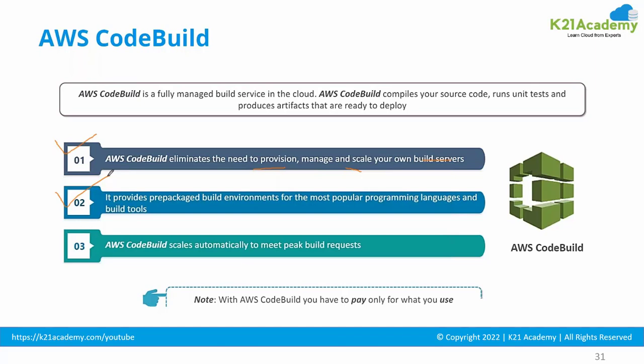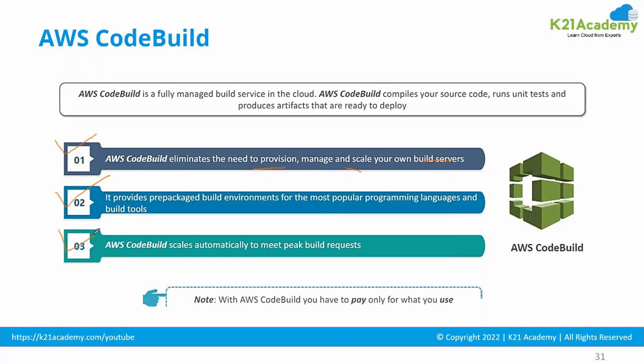There are inbuilt pre-packaged environments for that, and it is going to scale automatically to meet peak build requests. Most of the problem happens when there's a peak request for building: the Jenkins software hangs and all the jobs go into a queue. But that is the major advantage here. The number of build servers provisioned is going to automatically scale up from the AWS side.